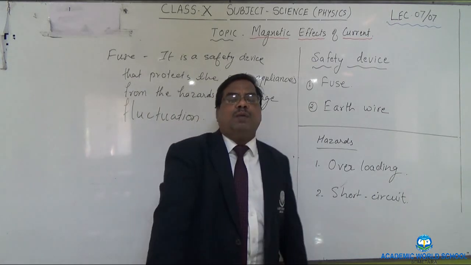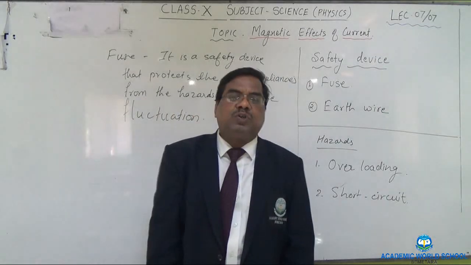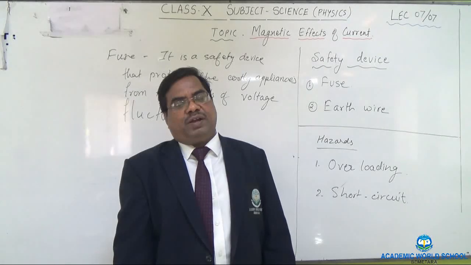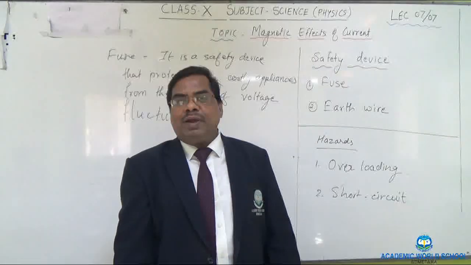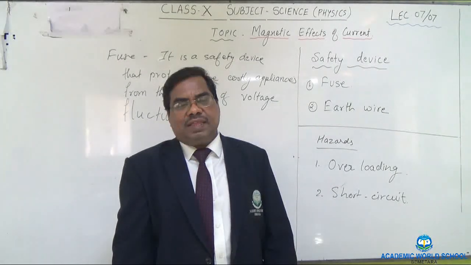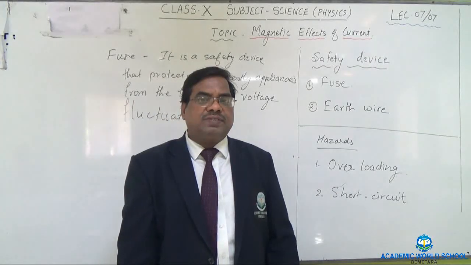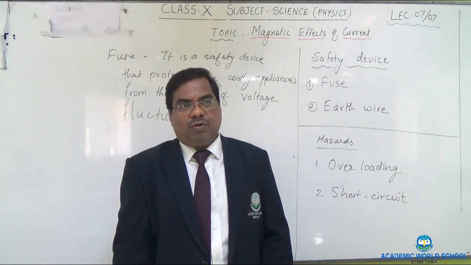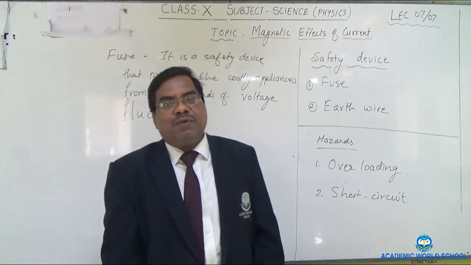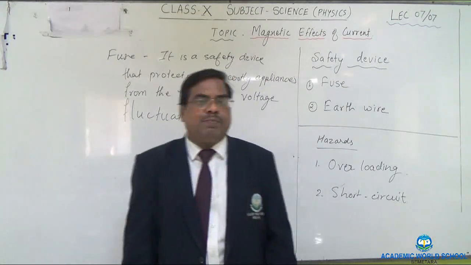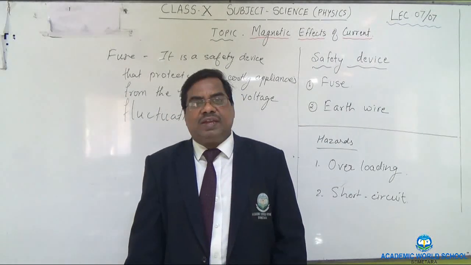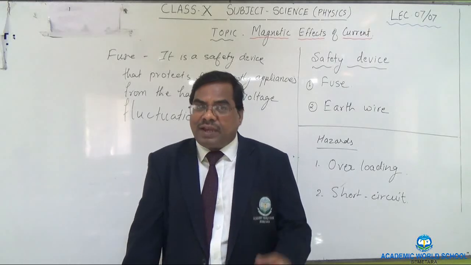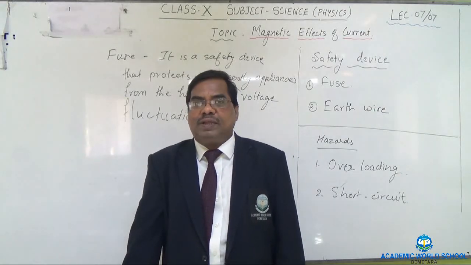See, every appliance has some tolerance. It can bear a certain amount of current passing through it. The moment the current exceeds that, the appliance may work disorderly. So if we have some means by which we can stop that high electric current from getting into the appliance, it will be better to save it.